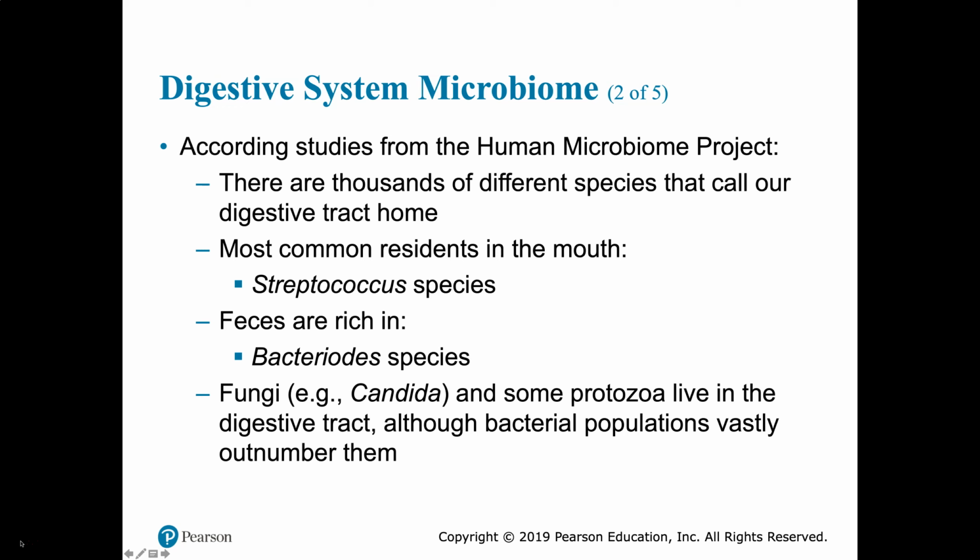One of the only protozoa that I can think of that can live in the GI tract and will cause disease is Giardia, which we will talk about in this chapter, and it causes gastritis or gastroenteritis.